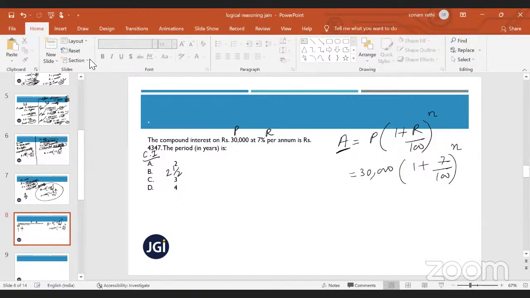Think and tell me. 4,000? No, that is interest. Amount will be what? 347. Correct. You will add these two. So 3, 4, 3, 4, 7. This plus this will be the amount. And now try to solve it.